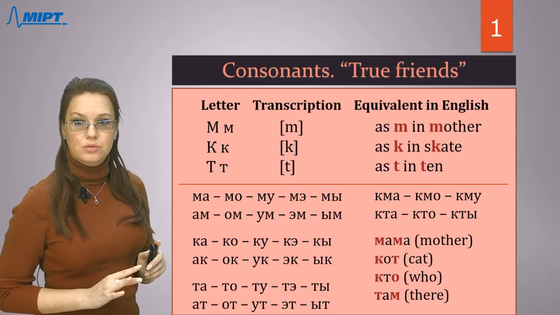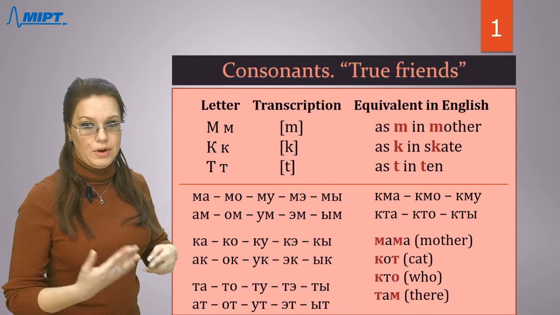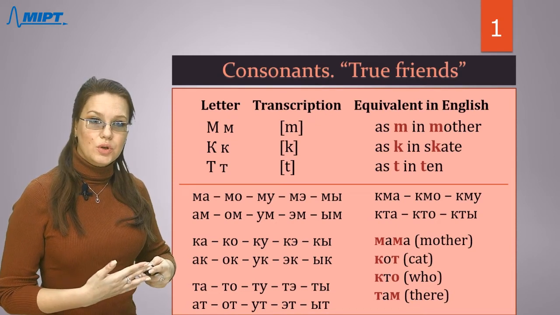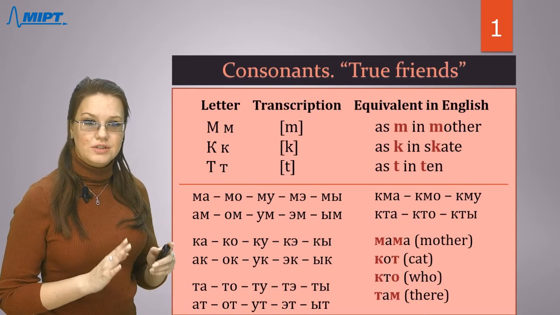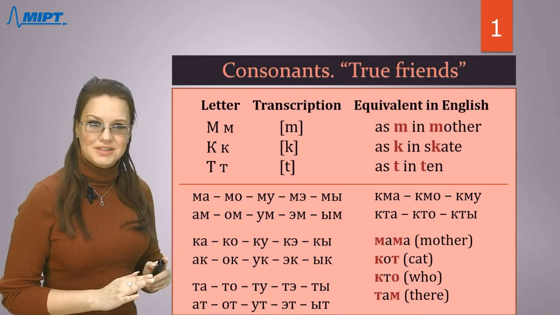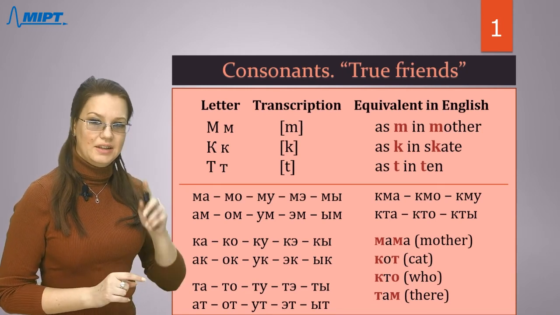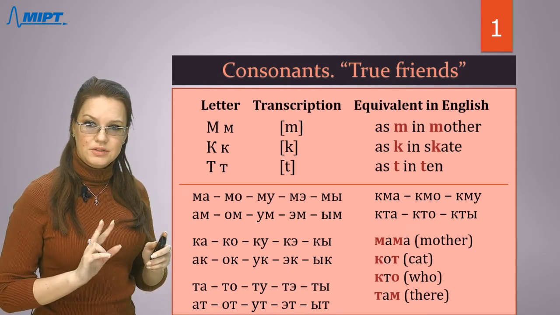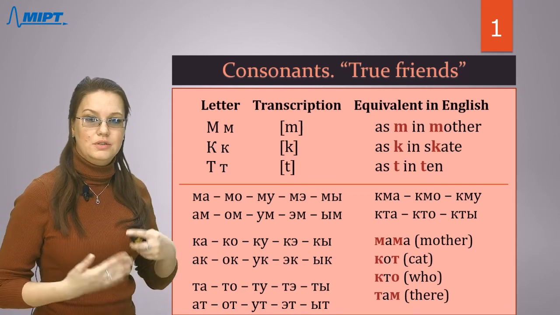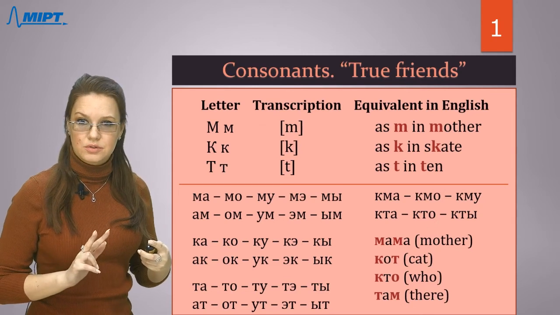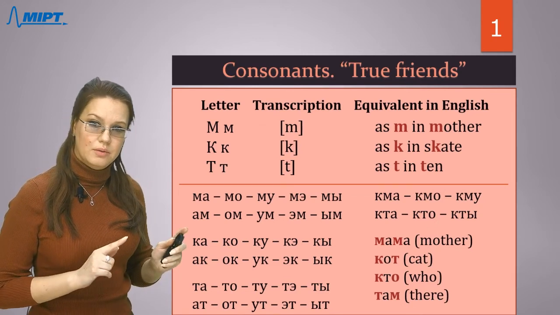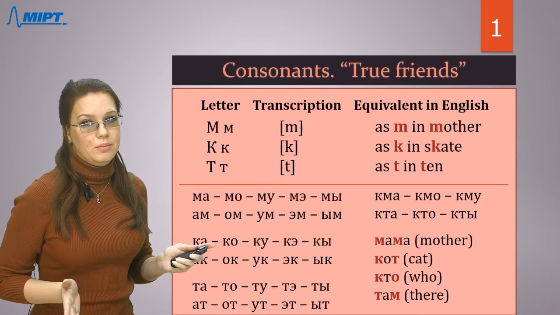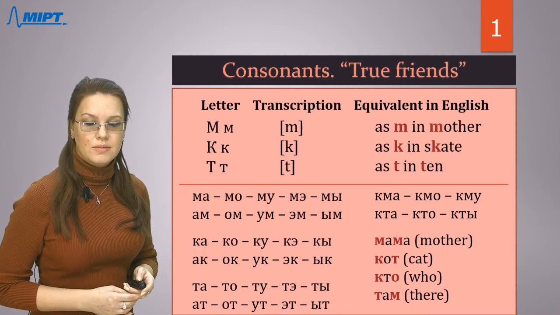I will show you them a little later while we learn some new words. So, if you see a consonant, you just need to read this consonant. Consonants are never reduced. So, you see three letters, so you need to pronounce three sounds. It works for every word, except some words, and we can consider them exceptions.